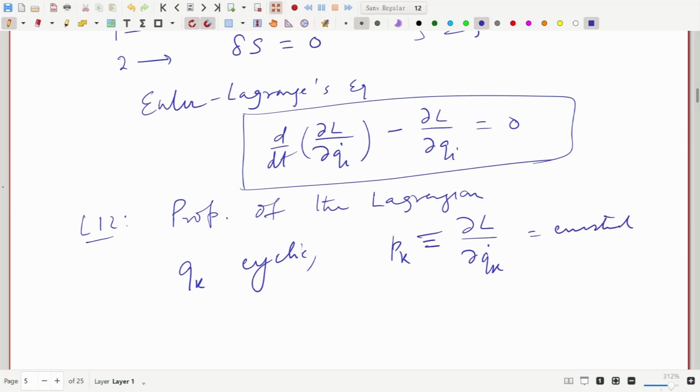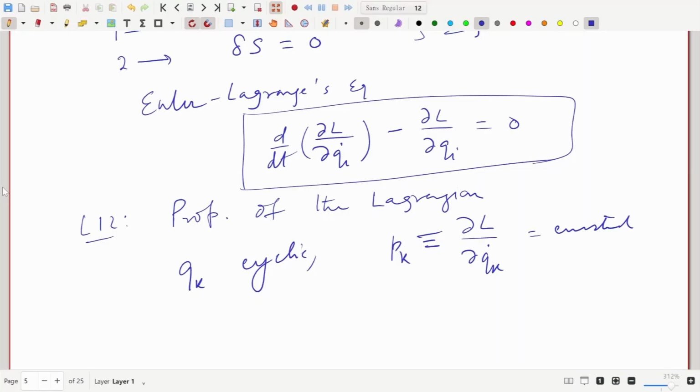So one conserved quantity is associated with every cyclic coordinate, and finding it will automatically give you that conserved quantity. I also mentioned, but have not discussed, that the presence of a cyclic coordinate indicates a certain symmetry in the theory, which we will understand more when we discuss symmetries and conservation laws.